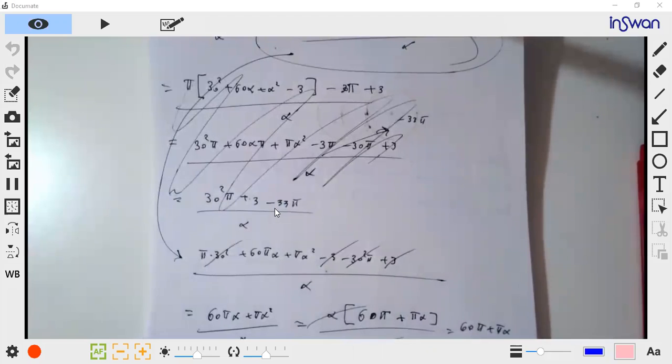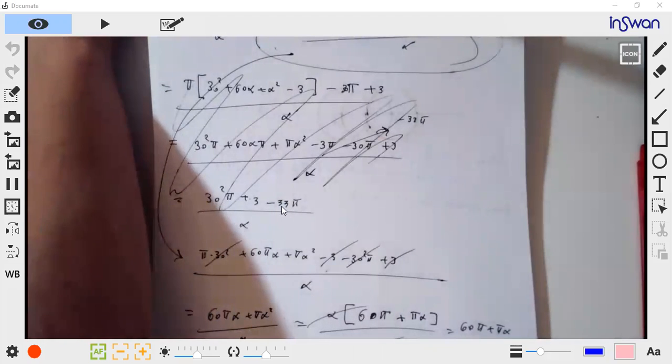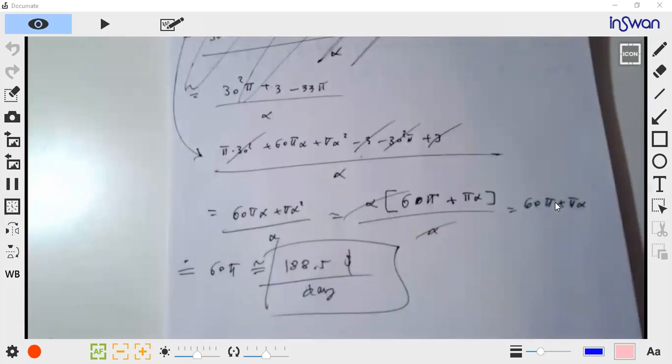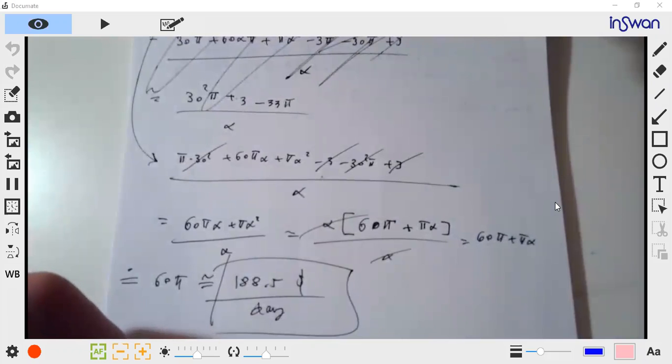So notice that the instantaneous rate of change versus the average rate of change are completely different. One elucidates that it's moving faster than expected, because at that instant, it's moving $188.5 per day. In the positive, its value is going up.